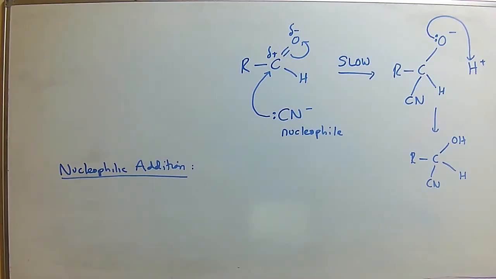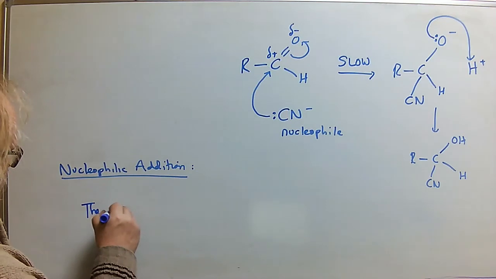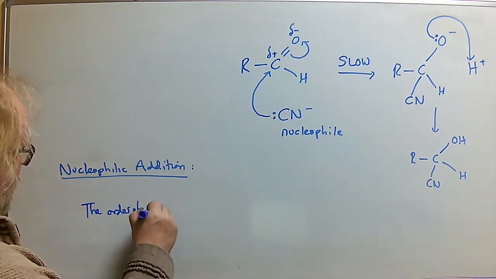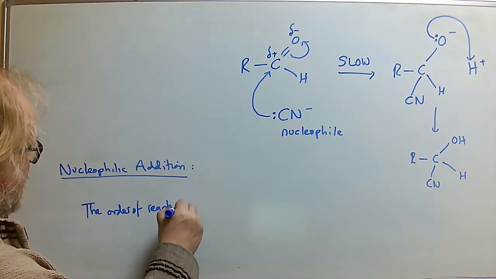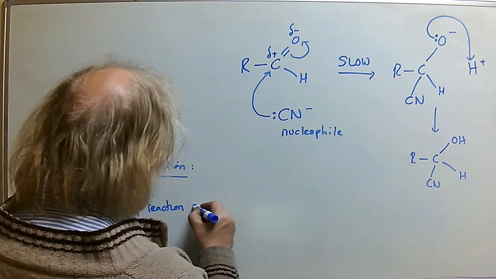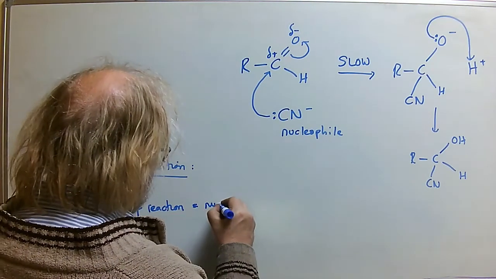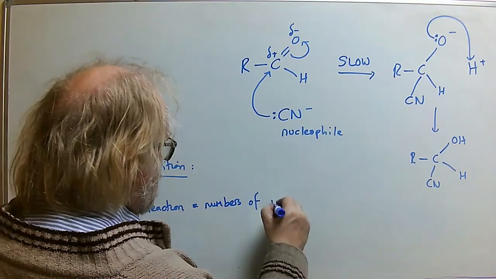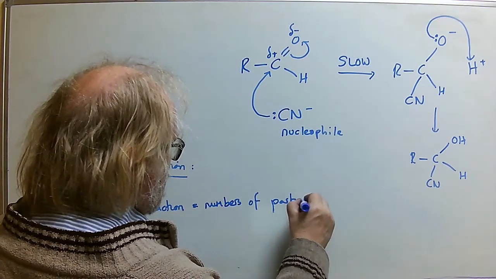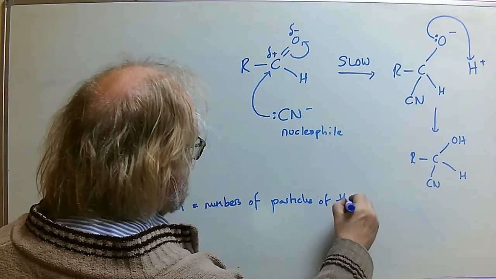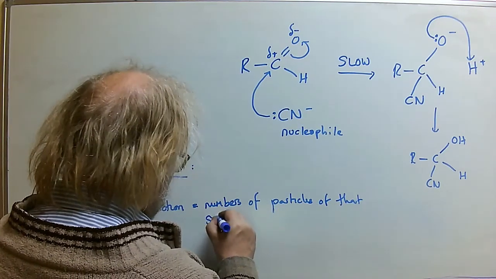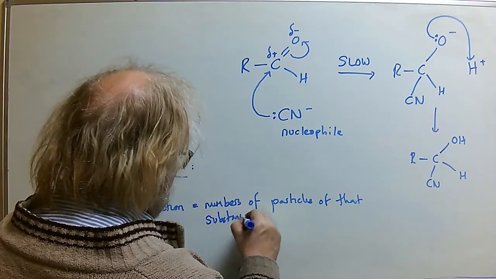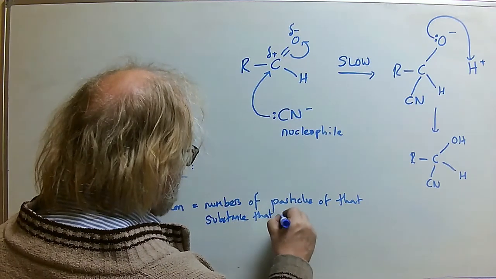And what you learn in rates of reaction is that the order of reaction for a substance is equal to the number of particles, meaning atoms or molecules or ions, whatever it is, of that substance that react in the rate determining step.